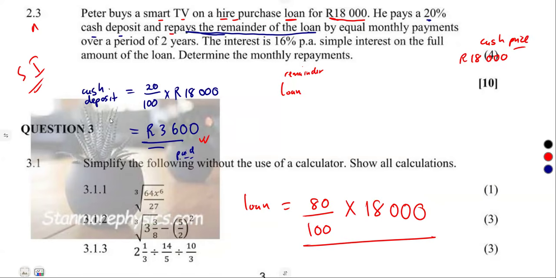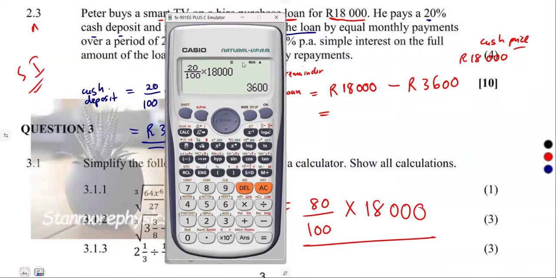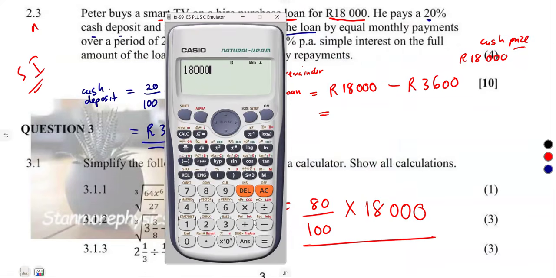But if you have calculated the cash deposit separately, therefore the loan, which is our remainder, is going to be what? 18,000, the cash price of the TV, minus 3,600. So that was going to give us 14,400, all right? Let's subtract 18,000 minus 3,600. That's 14,400.